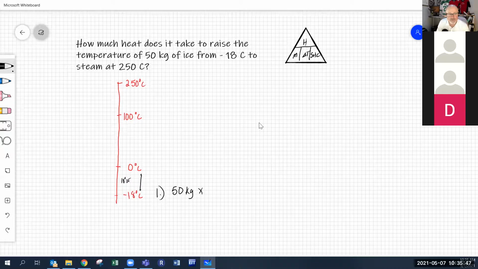We're going to multiply it by the delta T, which is 18 degrees C. We're going to multiply that by the specific heat capacity of ice in metric, which if you go back to the table, it is 2 kilojoules per kilogram per degree Celsius.